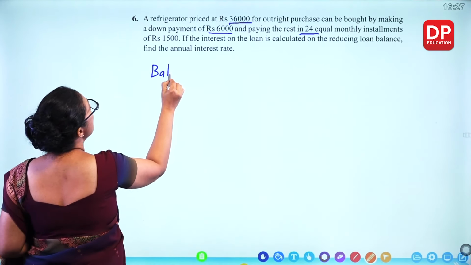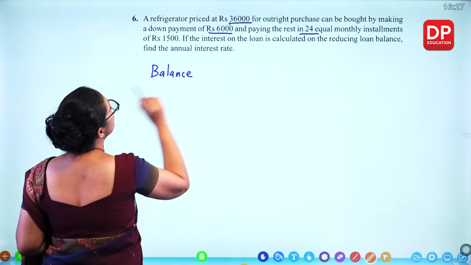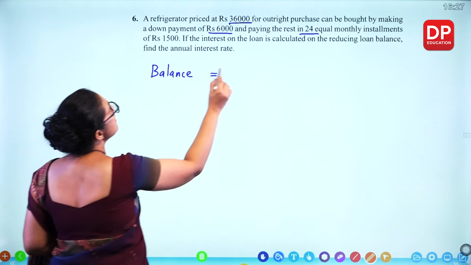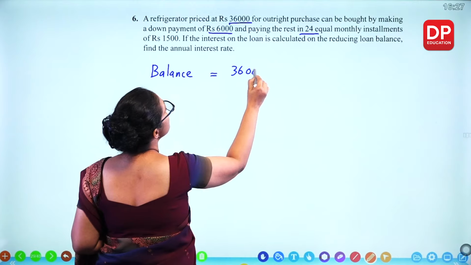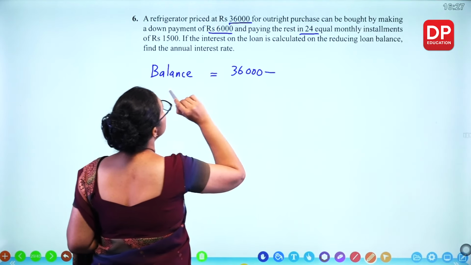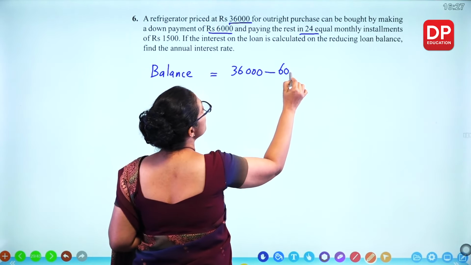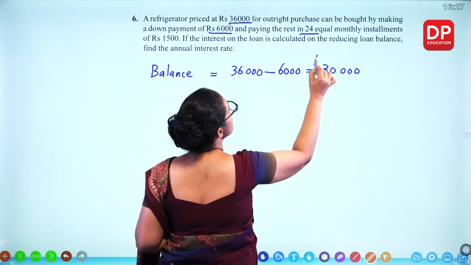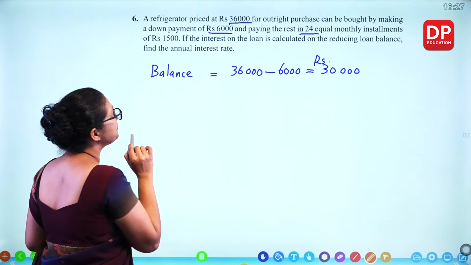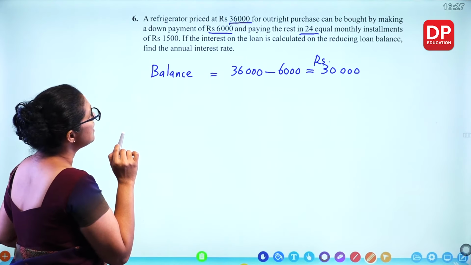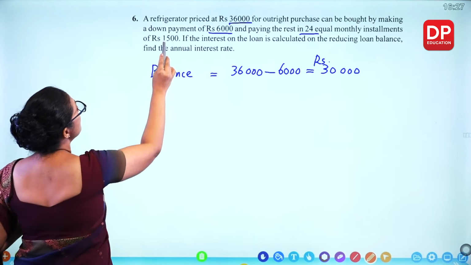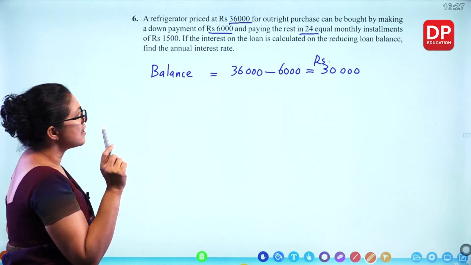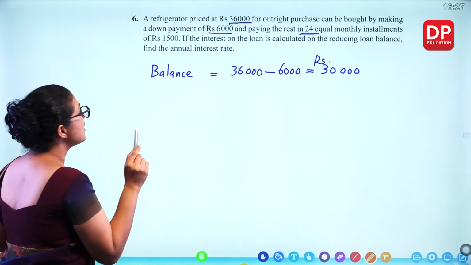Balance is 36,000 is the price of the refrigerator and the down payment is 6,000. So when you subtract, you get 30,000 rupees. And what's the installment without interest?